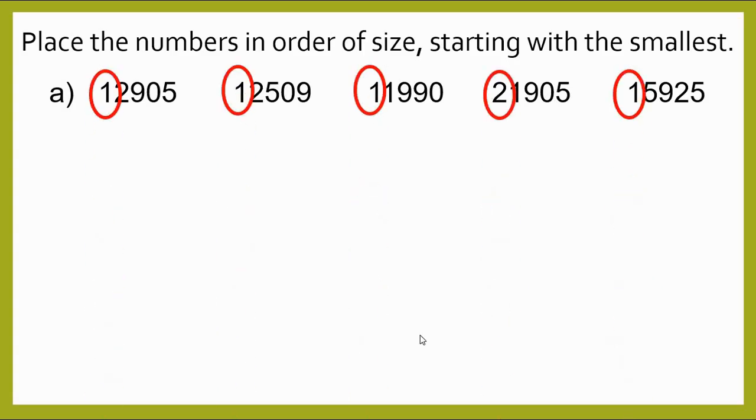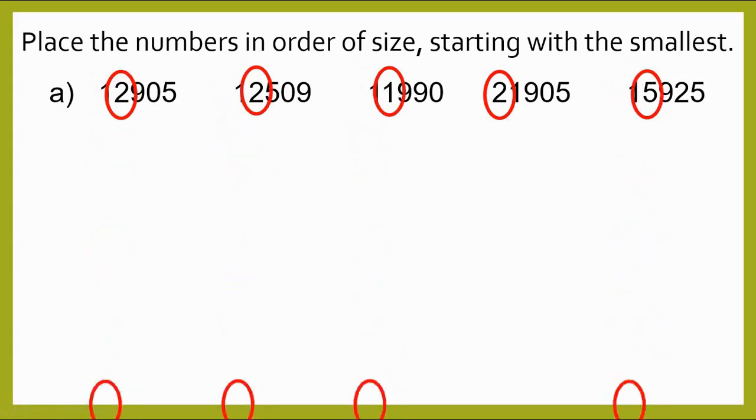Compare the first digit of the numbers. You have to arrange these numbers from smallest to largest. If you will see here, the smallest digit is 1 and there are 4 numbers having 1 as the first digit from the left side. So before writing the numbers starting with 2, you have to compare the second digit of these 4 numbers.